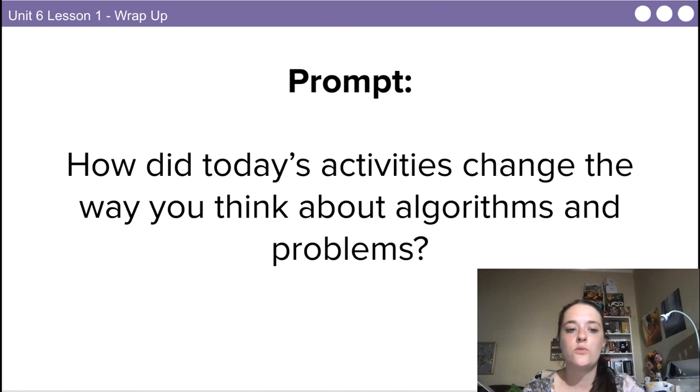So in your own words, explain the difference between a problem and an algorithm. Instead of putting it in your activity guide, on the assignment post you can click the link to Unit 6, Bubble 1, and put that answer there.